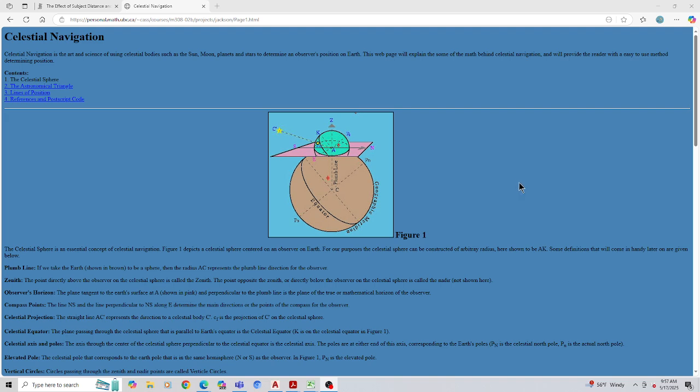And again, this is not specific to University of British Columbia's understanding. This is just a very good picture to communicate with individuals who struggle with the understanding of celestial navigation.